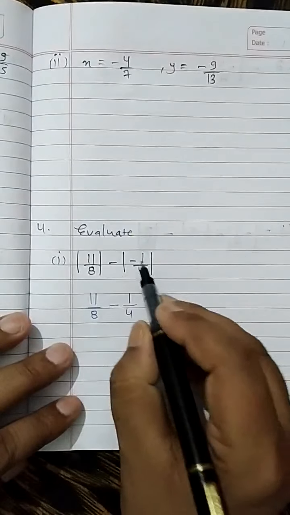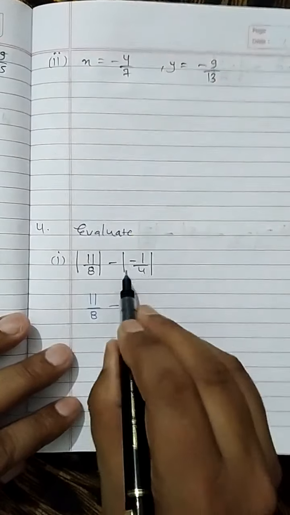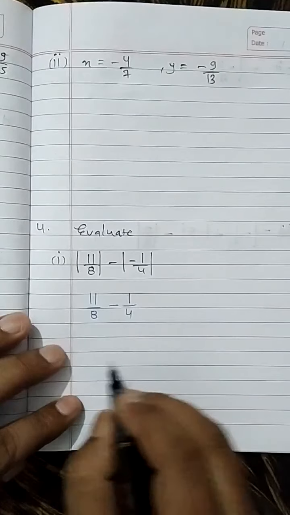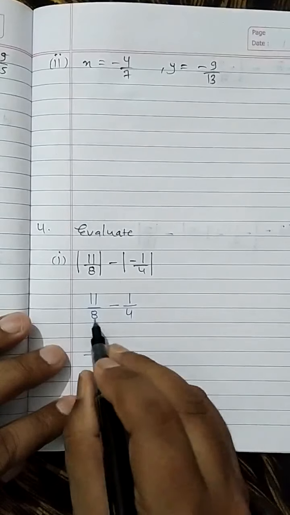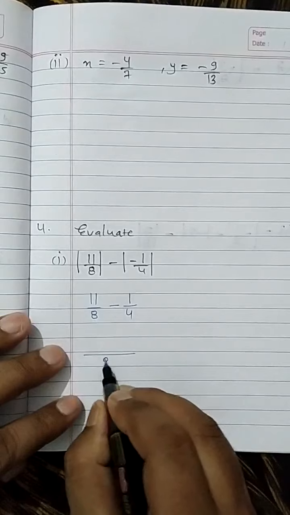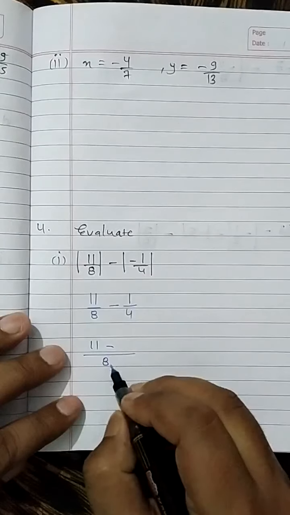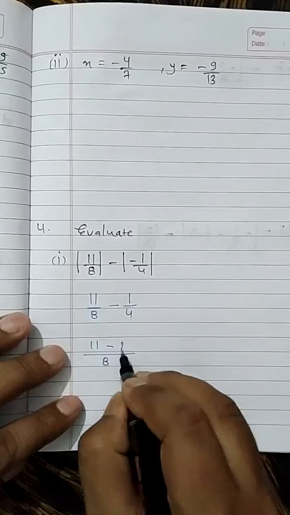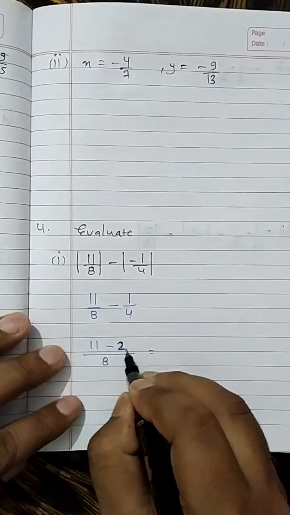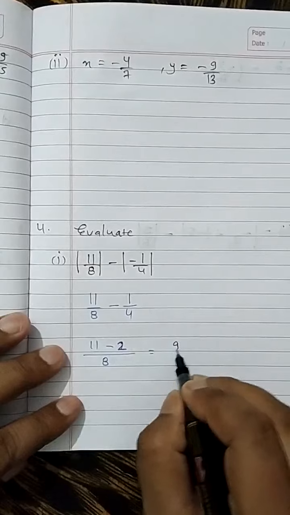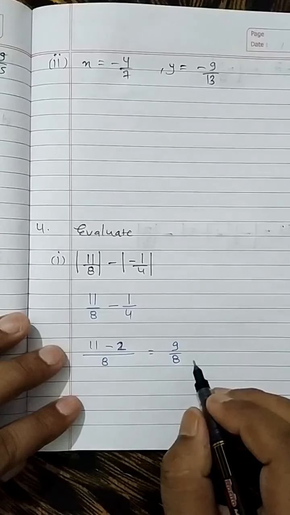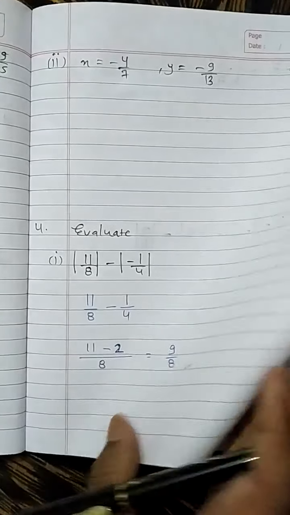This minus stays, and this negative vanishes when it comes out of the absolute sign. So the LCM of 8 and 4 is 8. 8 divided by 8 is 1, and 1 into 11 is 11, minus 8 divided by 4 is 2, and 2 ones are 2. 11 minus 2 gives you 9. So 9 upon 8 is its answer.